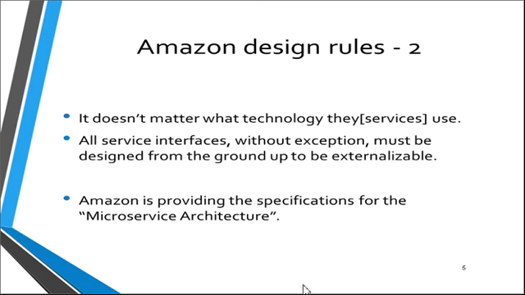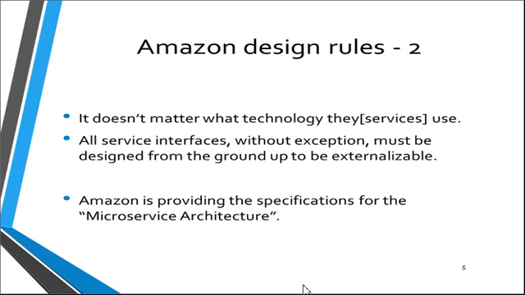It doesn't matter which technology each service uses because all service interfaces are going to be through messages. So as long as your technologies support message passing, and all of them do, you can use whatever language you want, whatever tools you want, whatever libraries you want.